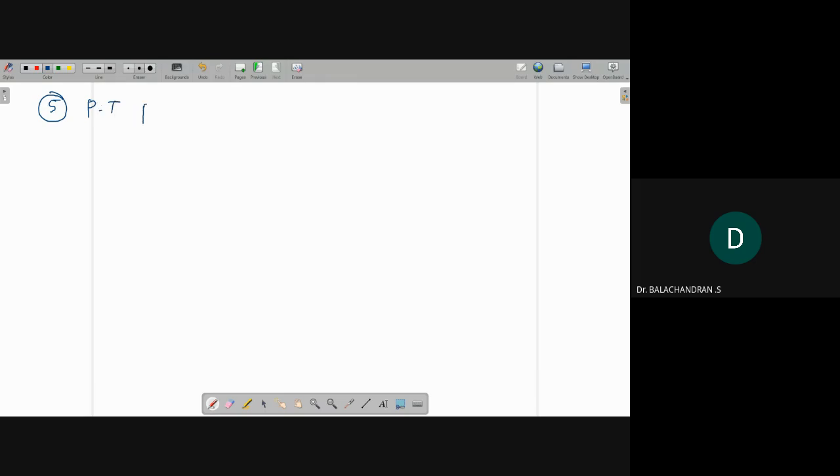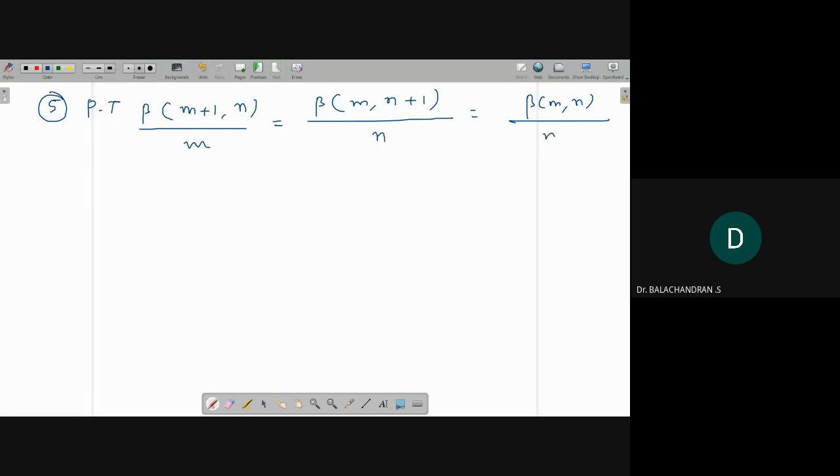Beta of m plus 1 comma n by m is equal to beta of m comma n plus 1 by n, which is equal to beta of m comma n divided by m plus n.